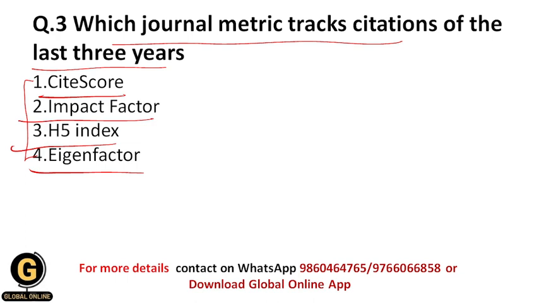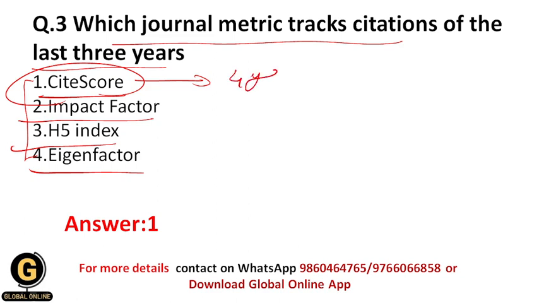CiteScore, impact factor, H5 index and eigenfactor in the earlier part of this video, and that's why your correct answer should be 1, CiteScore, because according to the definition, CiteScore is going to track the citations of the last 3 years including the current year. So from the current year it is going to track the citations of 4 years, the last 3 years plus one current year.